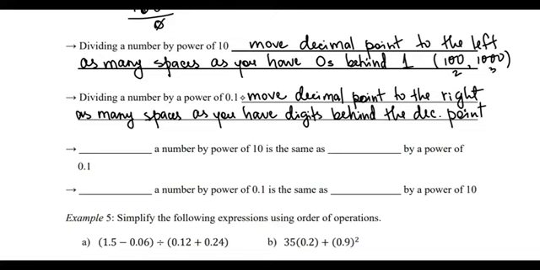All right, so to divide a number by a power of 0.1, move decimal point to the right as many spaces as you have digits behind the decimal point.